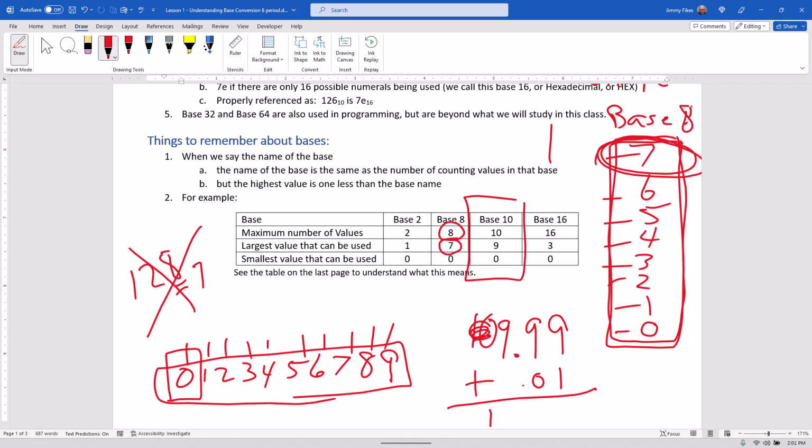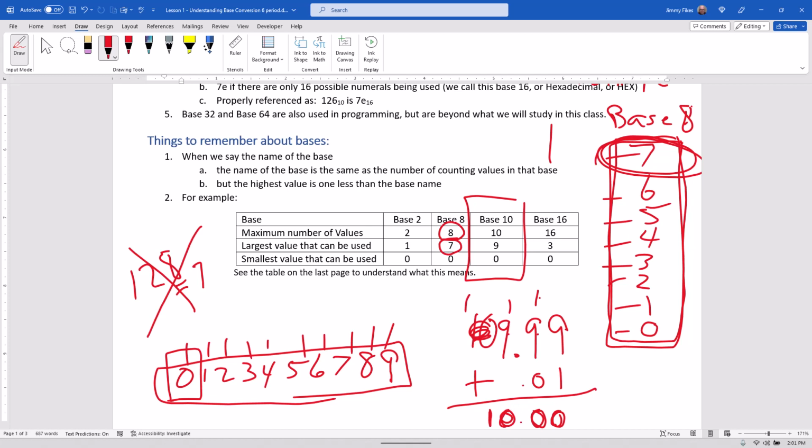It would be 10, right? Because the 9 becomes a 10, but you can only write down the 0. That 1 gets carried over. 9 plus 1 is 10. We put the 0 down, carry the 1, and there we have the 1.